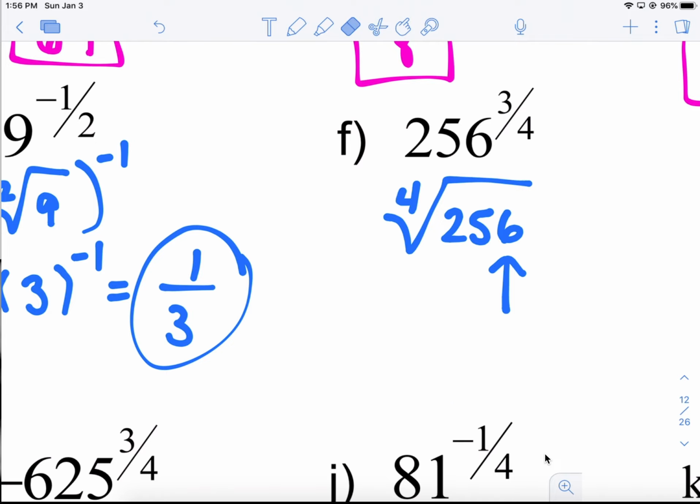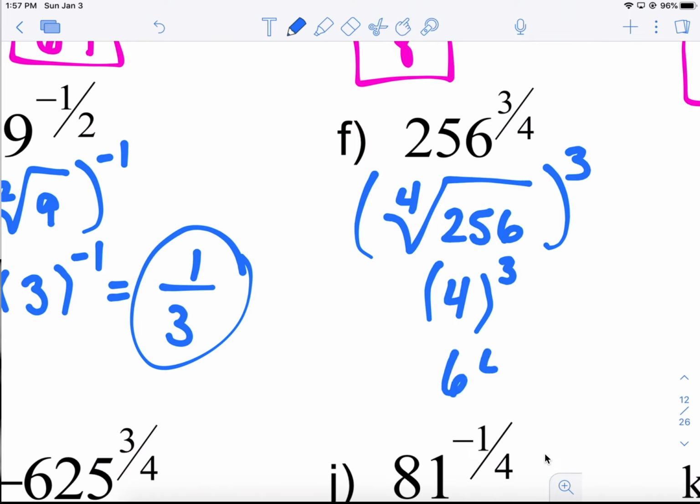So right here, since I can take the 4th root of it, that helps me to do that before making the number larger. I wouldn't want to do 256 to the 3rd power. That's crazy. That's a giant number. So we would say that gives me 4 to the 3rd power, and we've already talked about 4 to the 3rd power gives you 64.